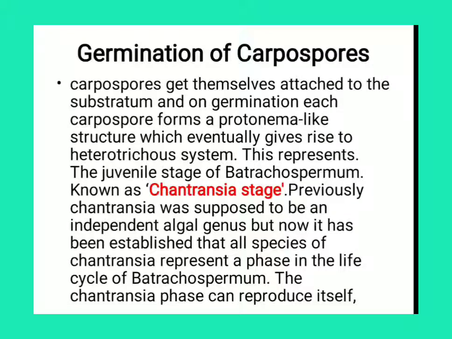Okay, the carpospore germinates into a protonema-like structure, which means the cell further divides into the heterotrichous system. It means they further divide into the erect system and the prostrate system, and their juvenile stage, the young stage, is known as the Chantransia stage.